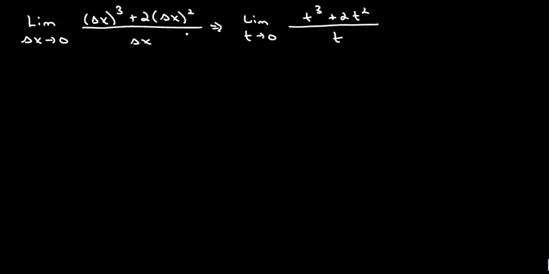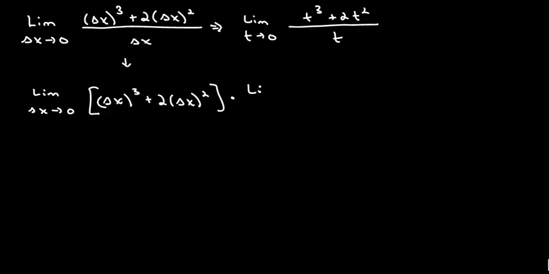Now, that being said, what we would like to do is we would like to say that this right here is the same as the limit as delta x goes to 0 of delta x cubed plus 2 delta x squared times the limit as delta x goes to 0 of 1 over delta x.